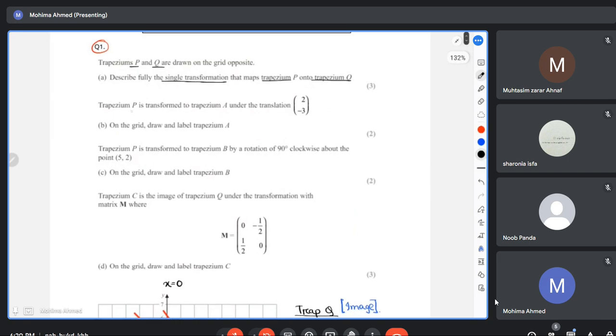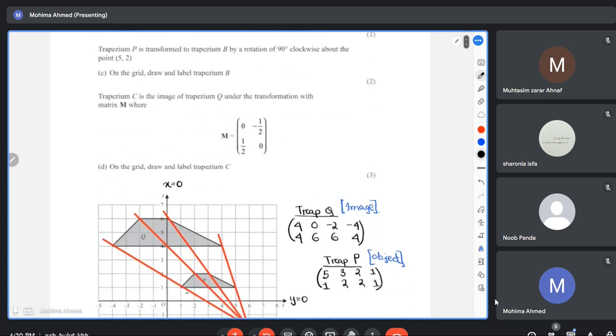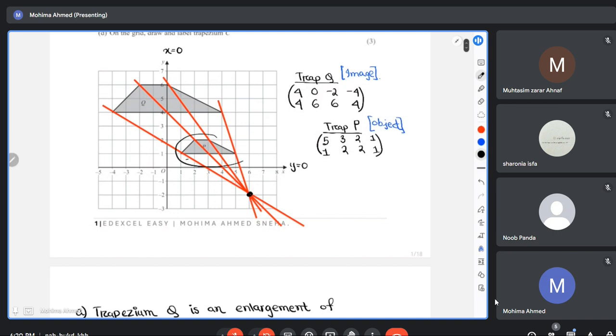It says that trapezium P is transformed to trapezium A under translation. Always remember, in translation, what happens? The size never changes. Whatever the size of trapezium P is, that size of trapezium A is also going to be the same. Only the position changes.